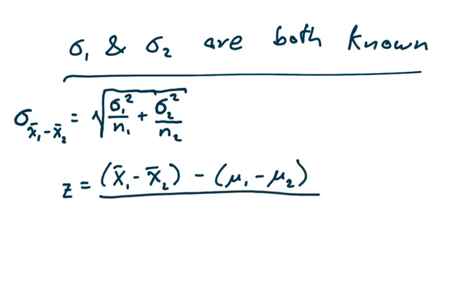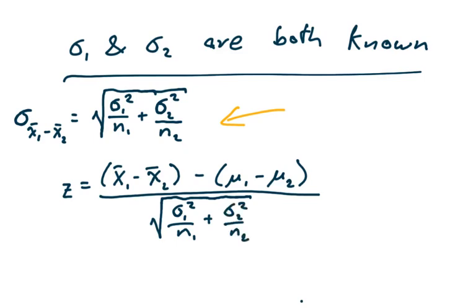And then all of that is going to be divided by the standard deviation for our distribution of differences. So this is going to be the square root of σ1 squared over n1 plus σ2 squared over n2. So this is our formula to compute our test statistic.